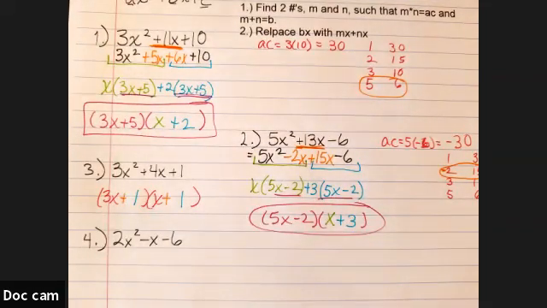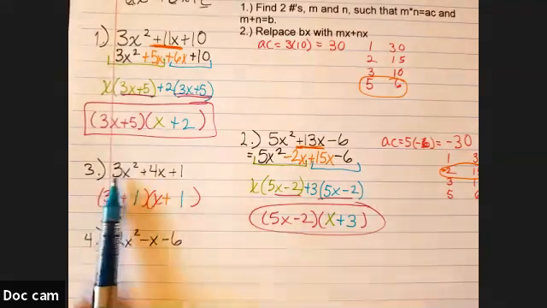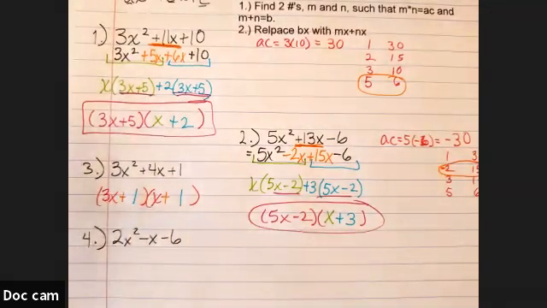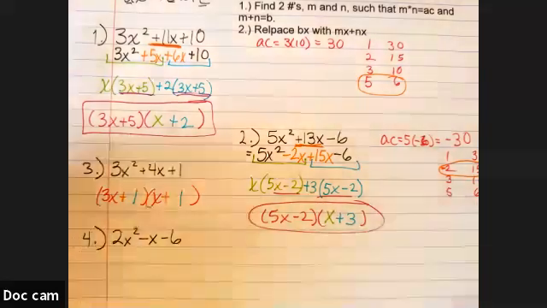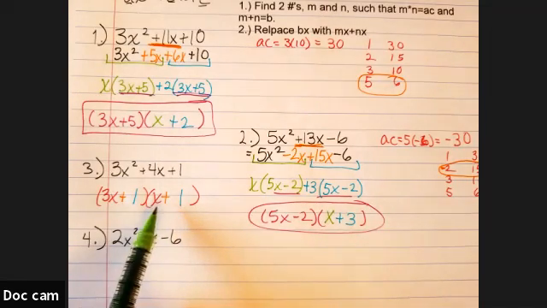And so we've already basically designed it so that we know this times this equals this. We know 3x times x equals 3x squared. We know 1 times 1 equals 1. And we just need to check. The checking part is really just checking the middle term. So if you were to FOIL this, 3x times 1 would be 3x, and 1x times 1 would be 1x.